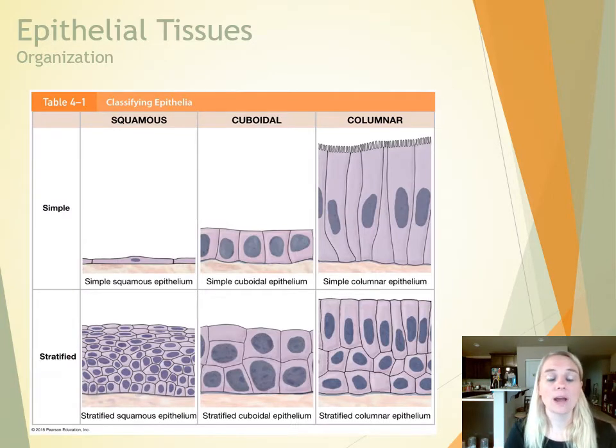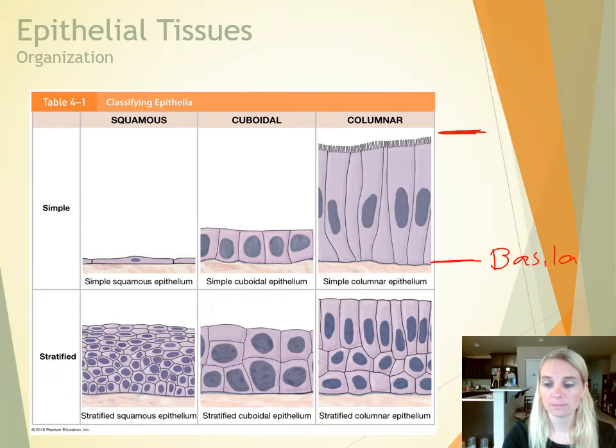Okay, so now we're going to start to see some examples of different kinds of epithelia, talking about where they can be found and what they do. But first, we have to talk about how they are classified, how they are named. Because epithelial tissues cover surfaces, they're always going to have a basement membrane and a free edge, our basilar surface and our apical surface.